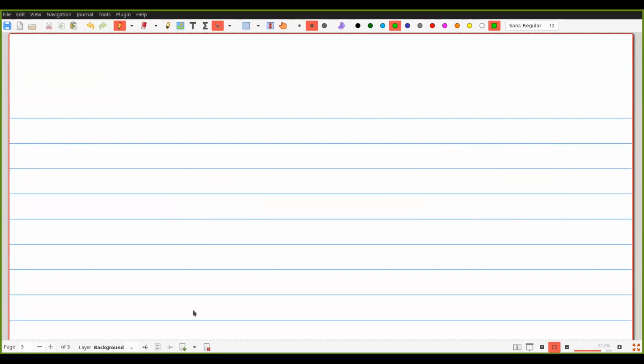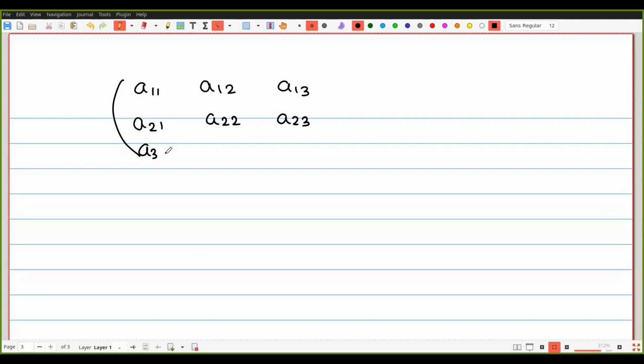Suppose we have a matrix like that: A11, A12, A13, A21, A22, A23, A31, A32, A33. Which are the diagonals?